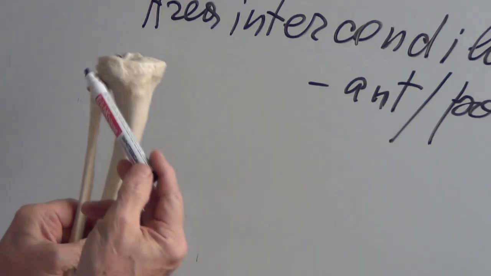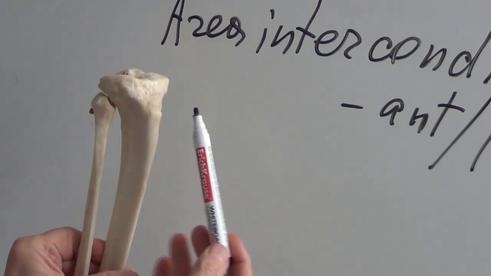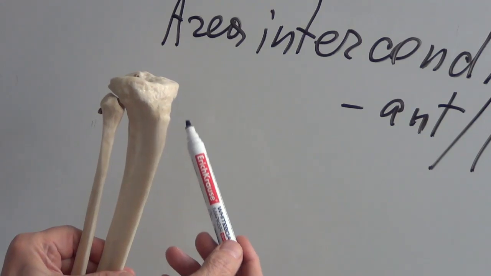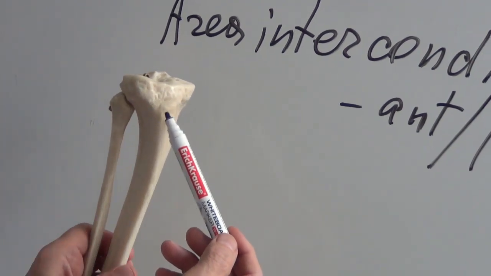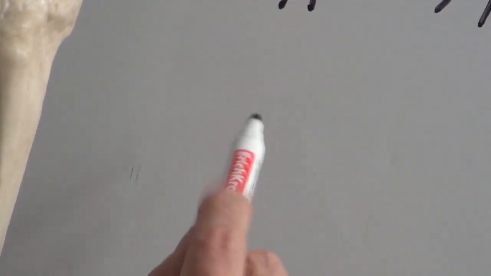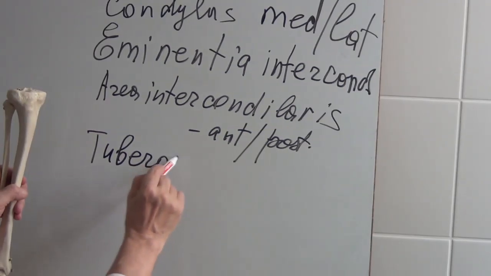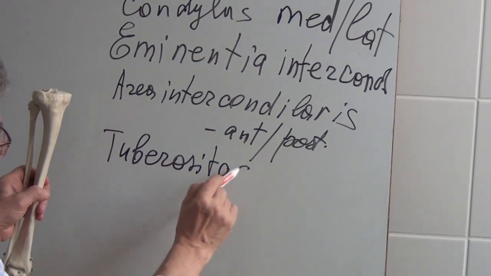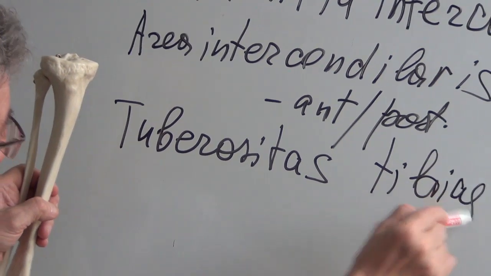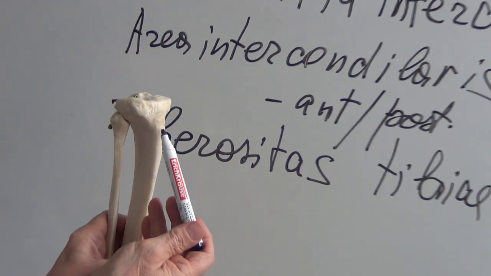According to the superior or proximal extremity of the tibia, we can find here a very large tubercle, which is called tuberositas tibiae. You can palpate the structure on your leg.